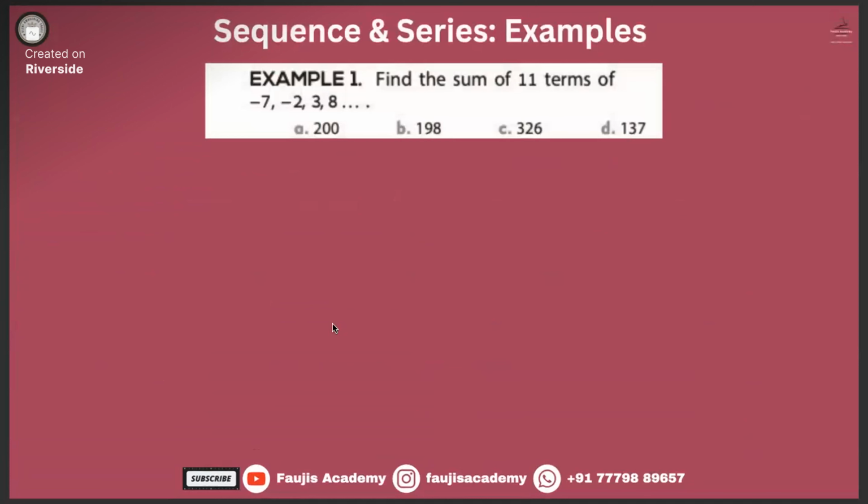Tell me what is the sum of 11 terms? Quick, guys. 5036.